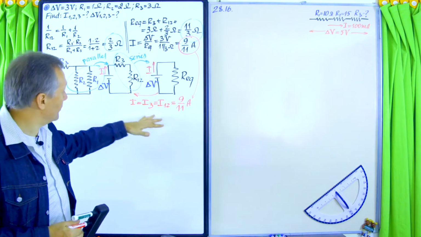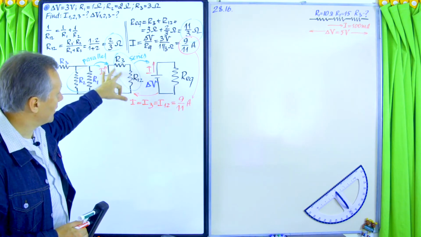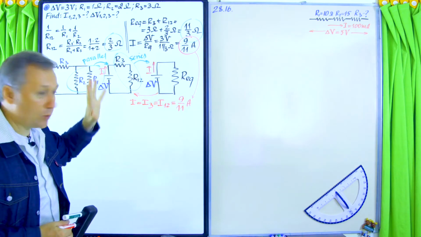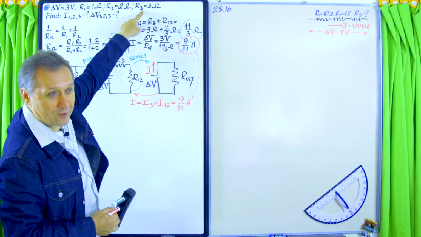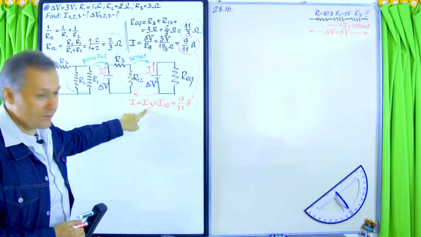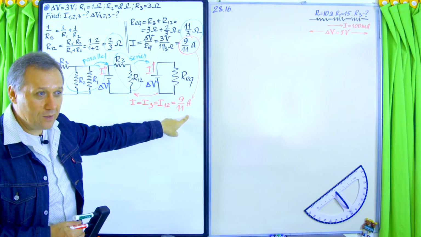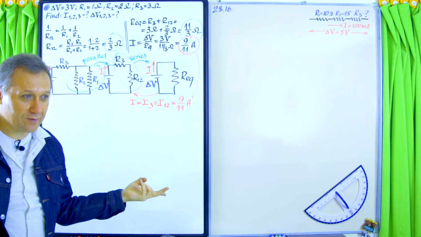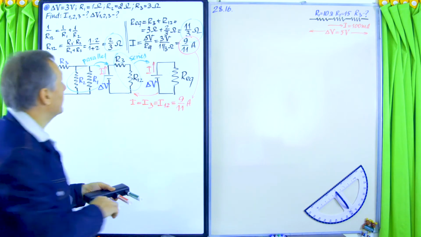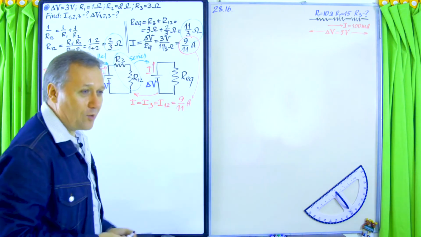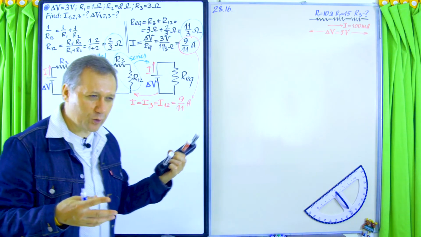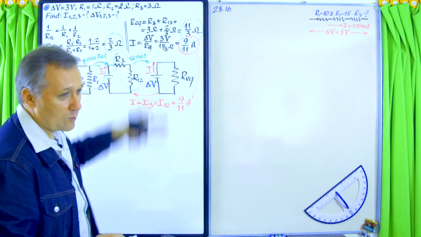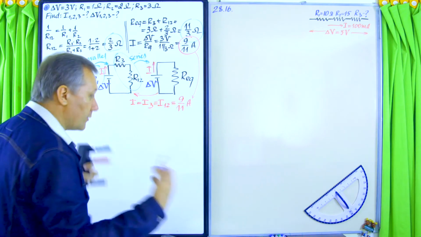Now, using this bridge, we should be able to find some information about R3 and R12. So let's start with R3. Look, what do we know? We know the value of R3, 3 ohms. Now we know the current, 9/11. And if you know resistance and current, can you find the potential difference? Piece of cake, right? And in order to use Ohm's law properly, because every time we will have to solve it for current or potential difference, so that you don't make silly mistakes, it's better to write it somewhere in the corner so that you rewrite it properly.